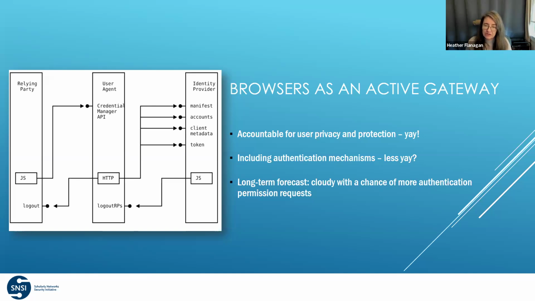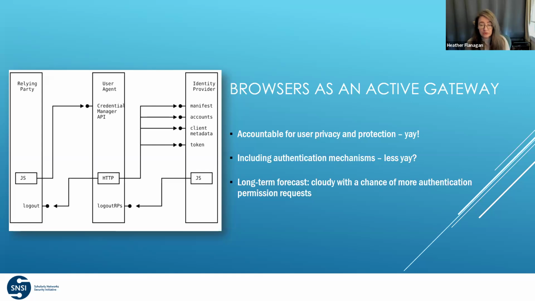But then the world changed. GDPR happened. Other privacy and data protection regulations happened, and browsers felt the need, Google felt the need, to become an active participant in all the processes that a user would interact with. That includes the authentication process.